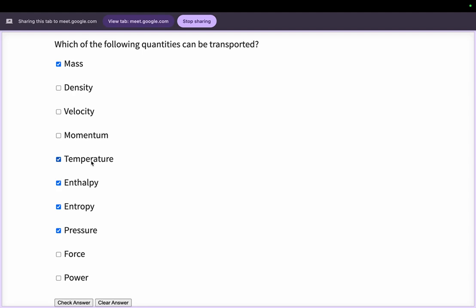Yeah. So what is being transferred when there is a temperature difference? You are saying heat is being transferred when there is a temperature difference. So what is being transported there? Yeah. So is heat transferred or is temperature transferred?